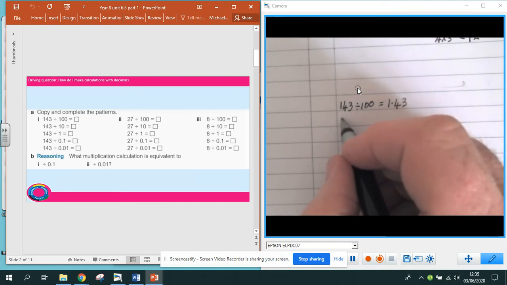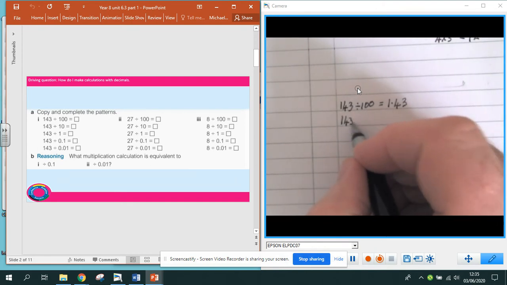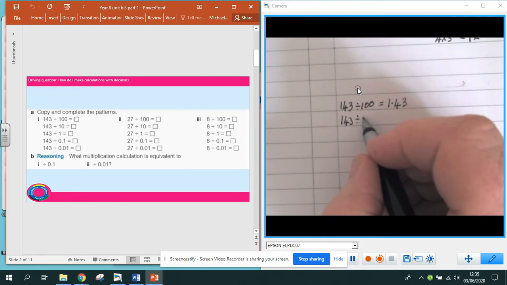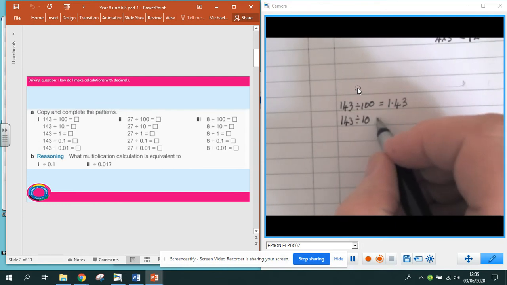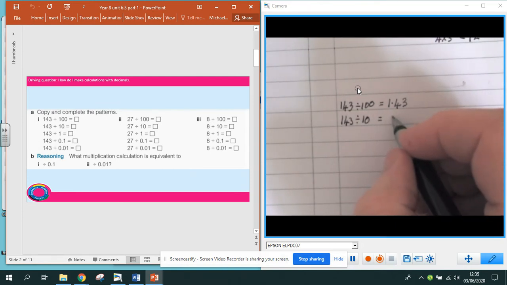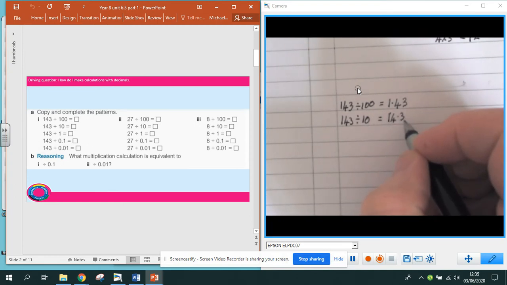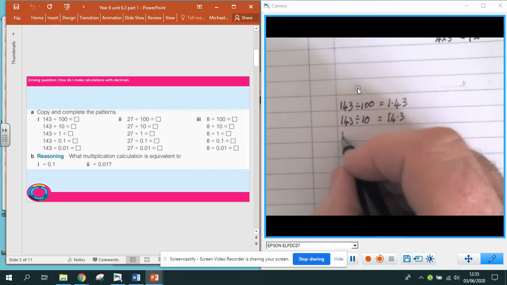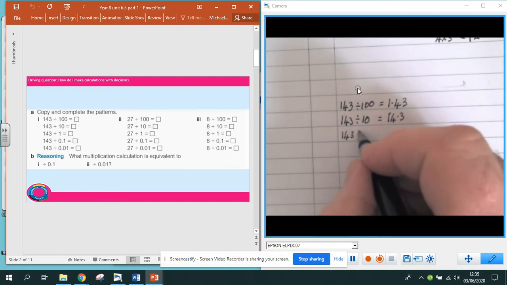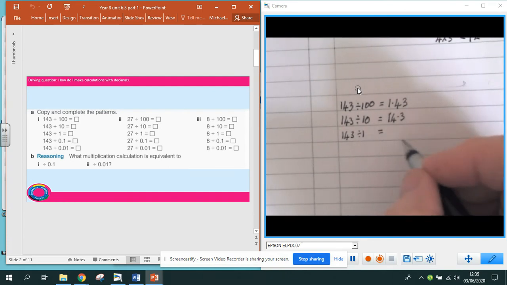So my next one, 143 divided by 10, I only have to move the numbers to the right 1 place. So that would be 14.3. 143 divided by 1, I don't have to do anything here, so it just stays as 143.